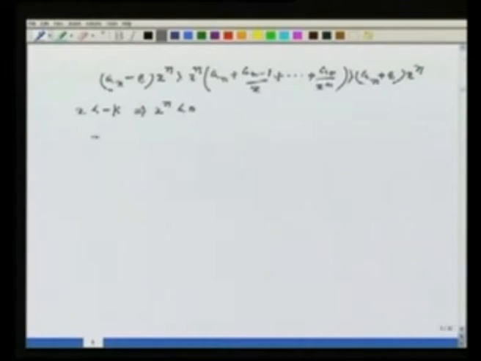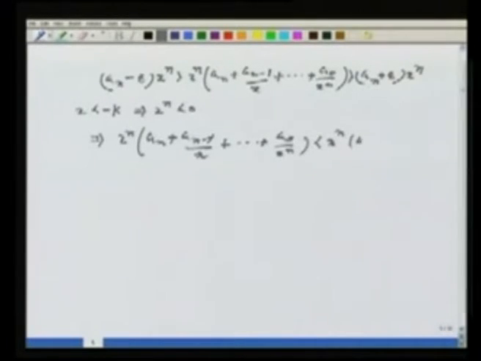Since x is less than minus k, it implies that x to the power n is also strictly less than 0. That implies what? It implies that x to the power n into a_n plus a_{n-1} by x plus a_0 by x to the power n is less than x to the power n times a_n minus epsilon, which is strictly less than 0.